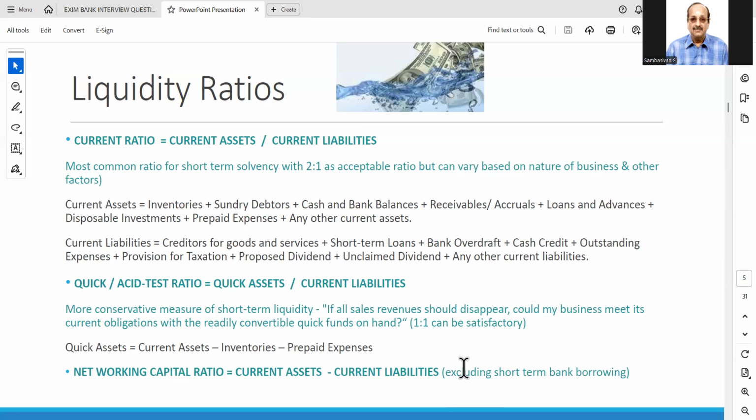That is, if all sales revenue should disappear, would my business meet its current obligations? Quick assets means current assets minus inventories minus prepaid expenses. Then next, net working capital ratio is equal to current assets minus current liabilities. These three are important.